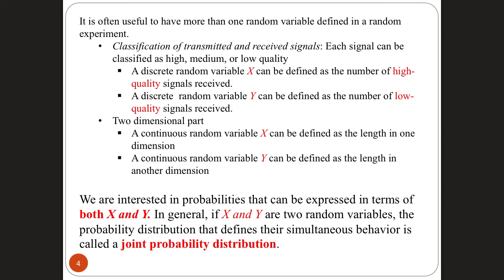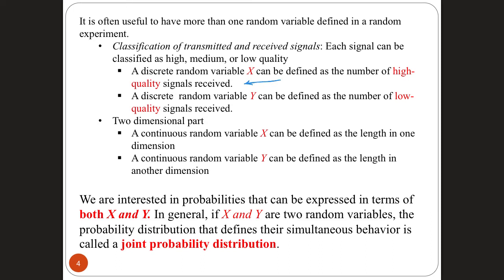Okay. So let's take an example that we have looked at before. Classification of transmitted and received signals. Remember that we discussed earlier a problem in one of the earlier chapters in discrete random variables, the problem where you have the signal that you receive at your phone represented by a quality indicator, which is like the bars that you see the signal with, right?